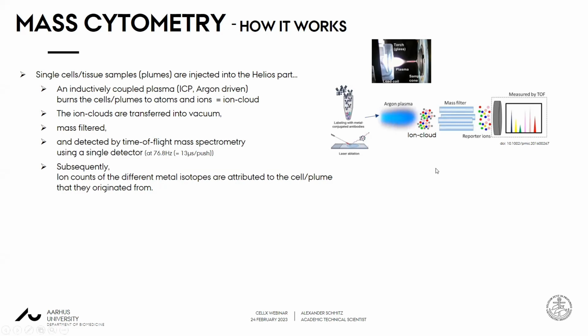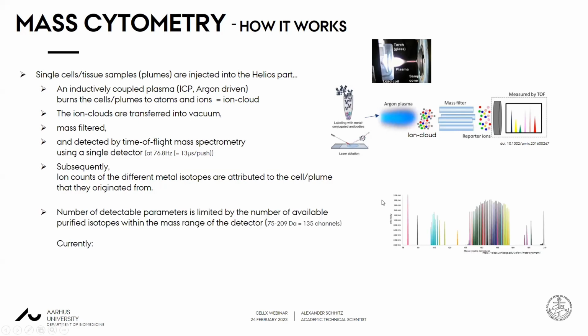Then these travel further into a vacuum where they are mass filtered and subsequently measured by time of flight in a single detector. And subsequently, the ion counts of the different metal isotopes are attributed back to the cell or plume where they originated from. And thereby, you get the results.